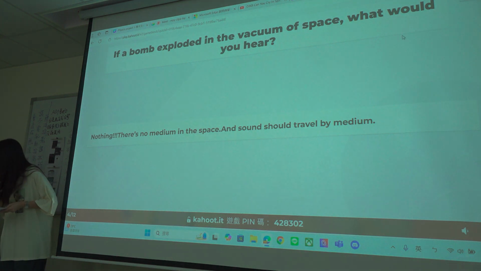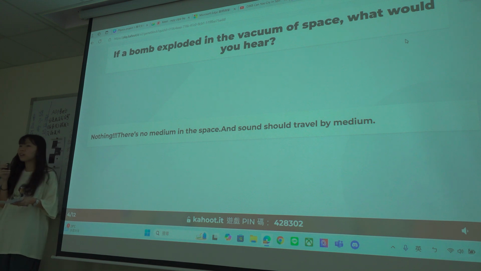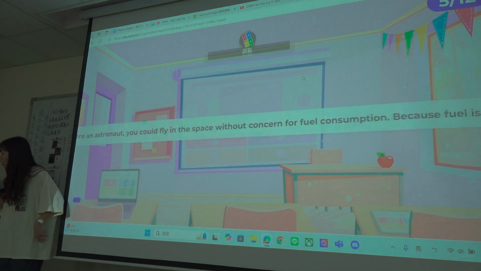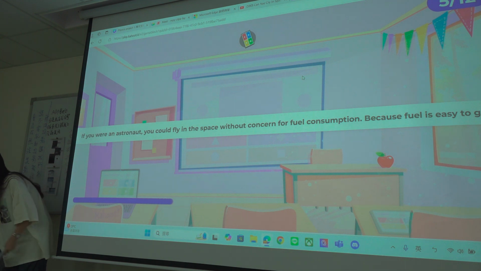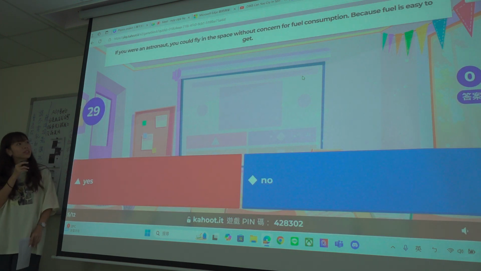And about question 2, many people answered right because sound should travel by a medium, but there's no medium in space. And question 3, if you were an astronaut, could you fly in space without concern for fuel consumption because it's easy to get?